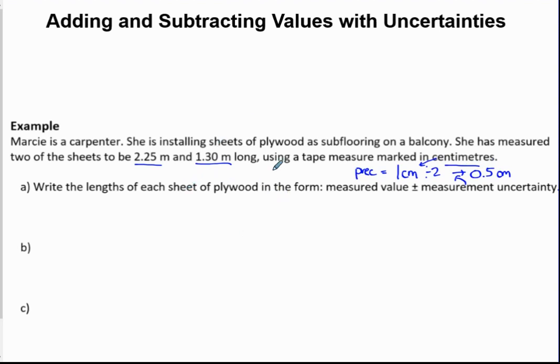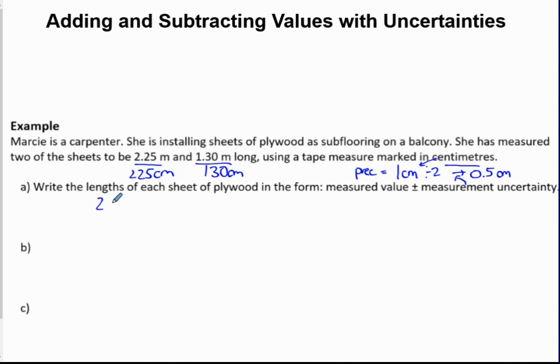Now, I want the same units for both, so I either need to change these meter lengths of plywood into centimeters or my centimeter uncertainty into meters. And I'm going to change these into centimeters instead of going the other way around, so that's not too large of a centimeter number. It'll be 225, right? So 100 centimeters, centi, in a meter. So this will be 225 centimeters. Here I'll have 130 centimeters.